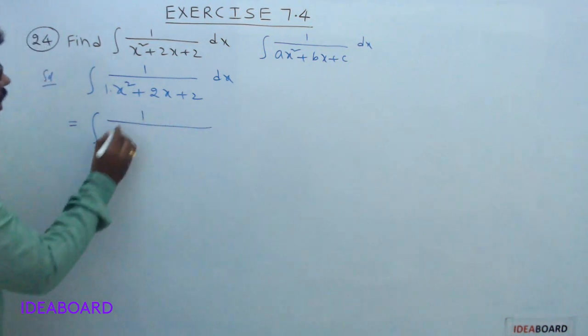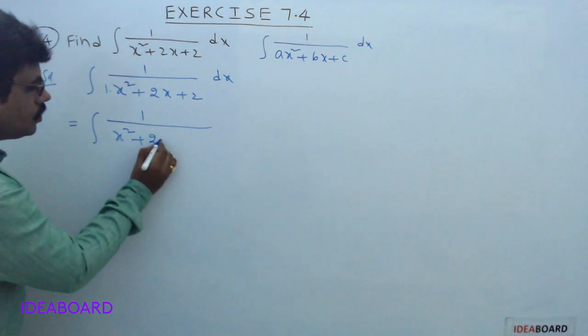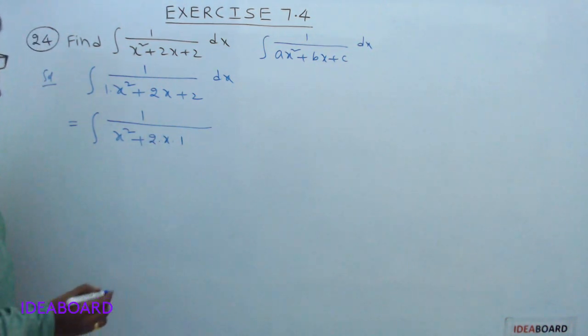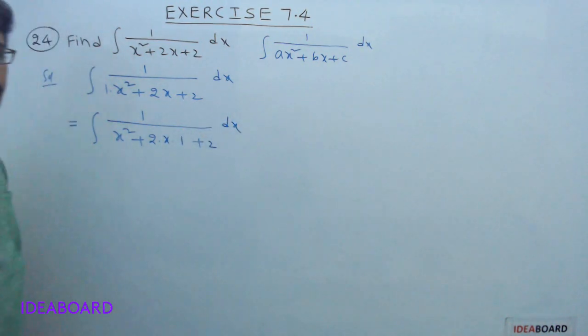Integral 1 divided by x square plus this 2x can be taken as a 2 into x into 1 plus constant term 2 dx.